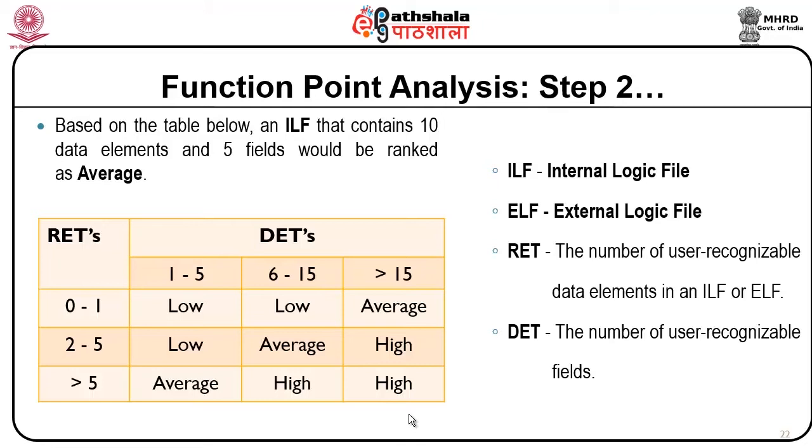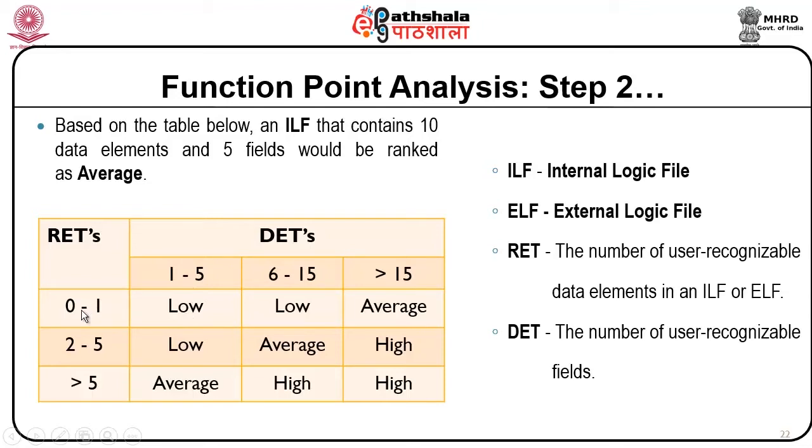Based on the table below, an internal logic file containing 10 data elements and 5 fields would be ranked as average. If the number of user recognizable data elements in an internal logic file or external logic file is 0 or 1 and the number of user recognizable fields is from 1 to 5, the rank is low.